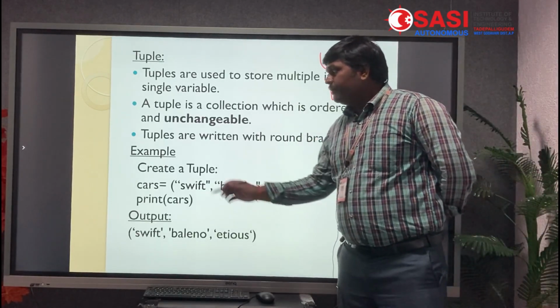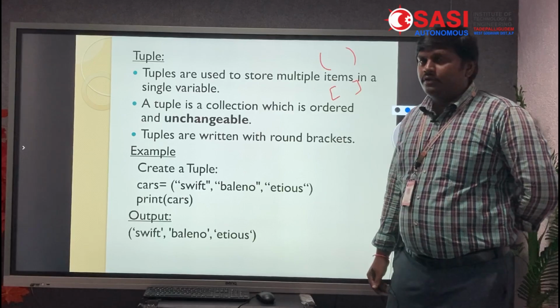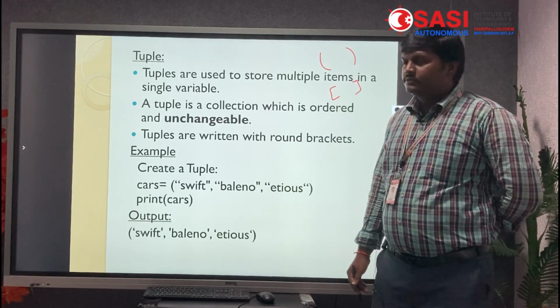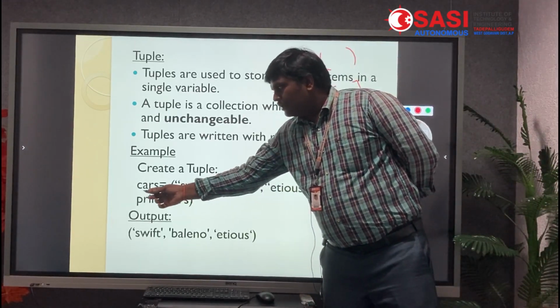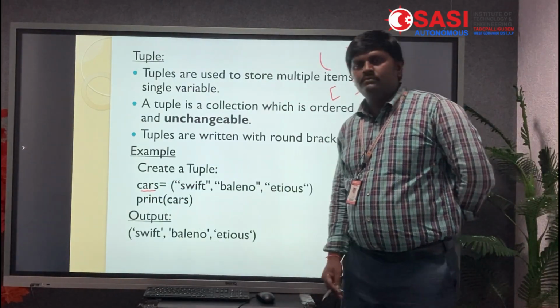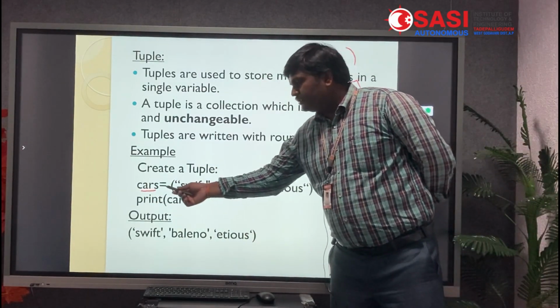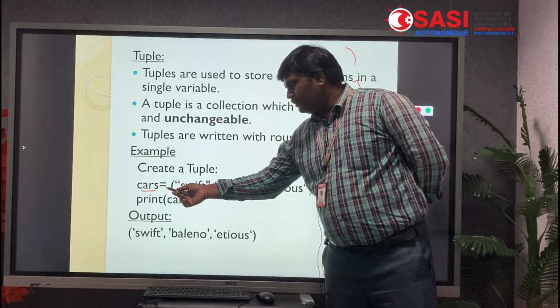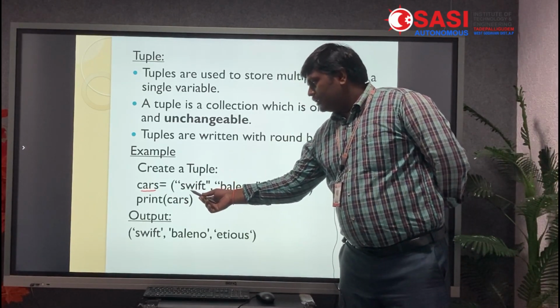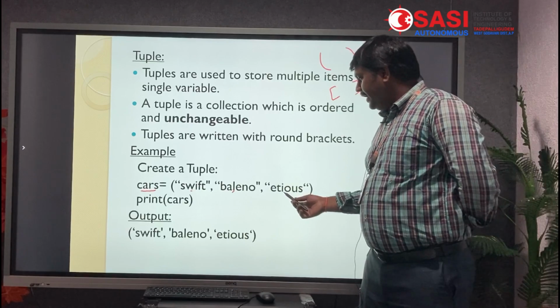Consider an example of creating a tuple. Here cars is a variable name, the tuple name, equals Swift, Baleno, Etios.